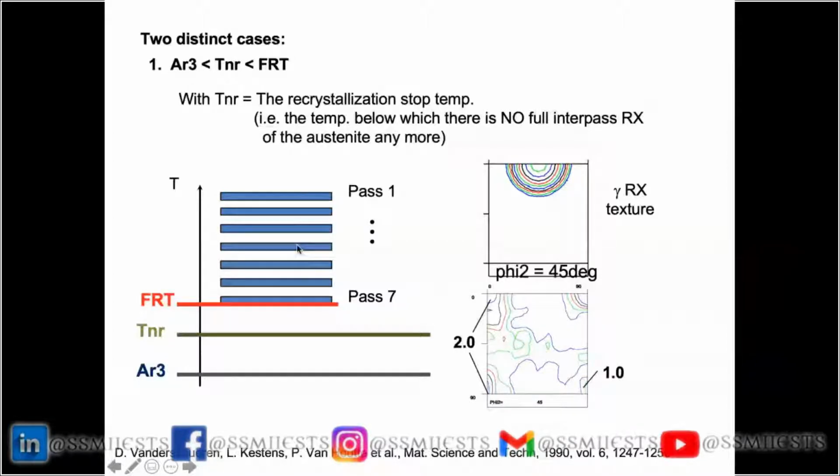So here we have 7 hot band passes, and between each pass the temperature and the deformation are high enough so that you have full recrystallization. What comes out of that is a hot band texture, and you do it completely in the austenite phase. So the Ar3 temperature is lower than the finish rolling temperature. Then we speak of a transformation type texture, and in general it is very weak. You see that the maximum is only 2 times random, which is very weak.